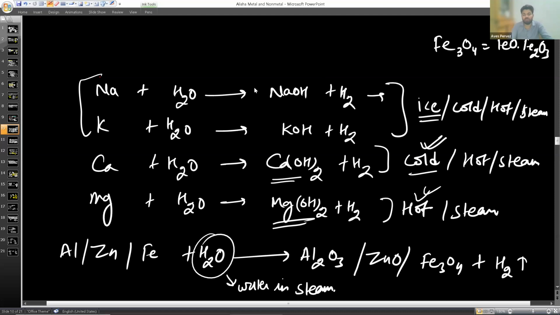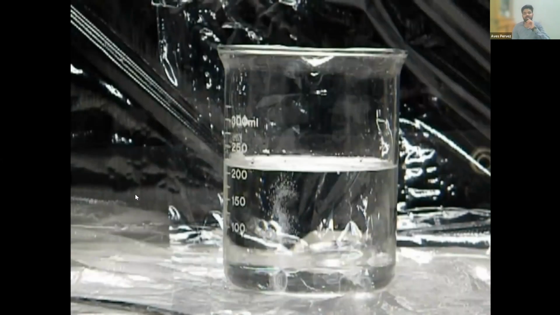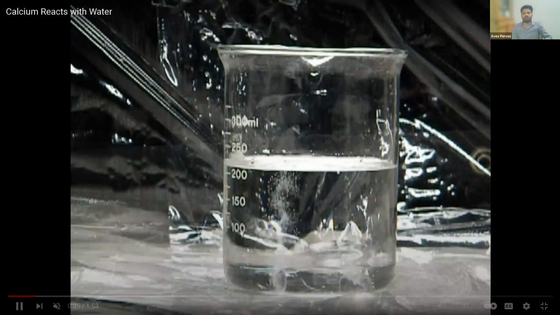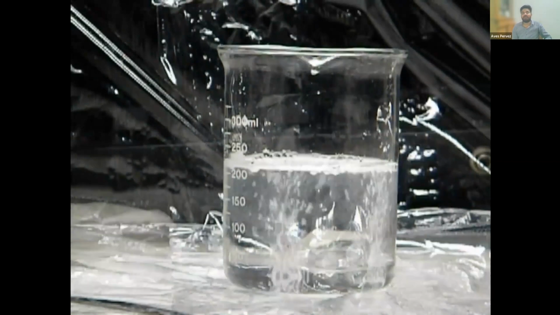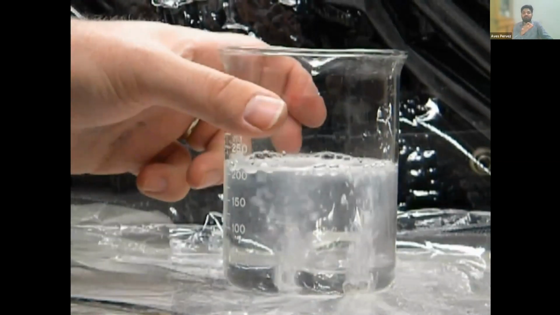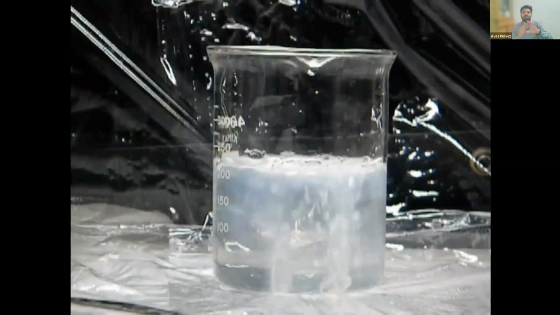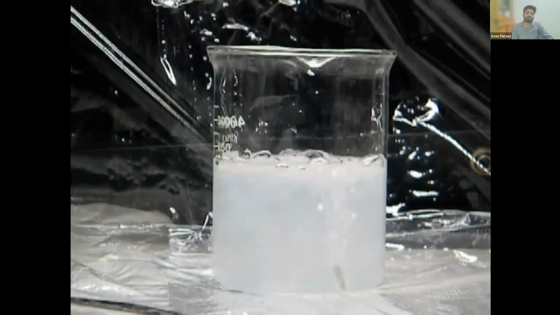Okay, here we have this one. When we add calcium, it is not so exothermic that it lets the hydrogen gas catch fire, like in the previous case of sodium and potassium, where the hydrogen gas caught fire.